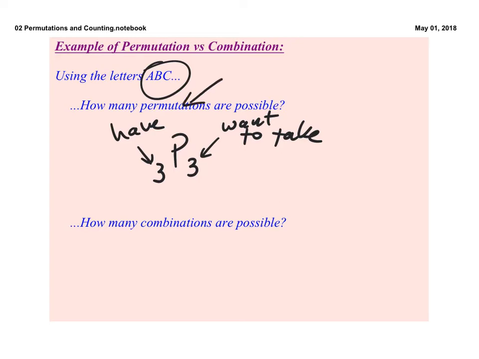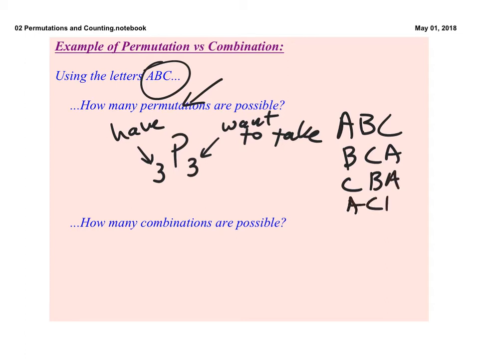So ABC is one of the possible orders of those 3 things, or BCA, or CBA, or ACB, or BAC, or CAB.